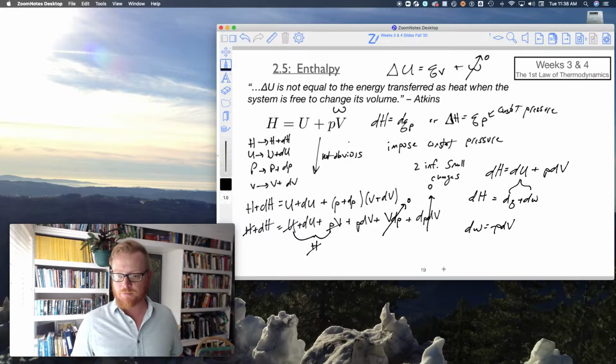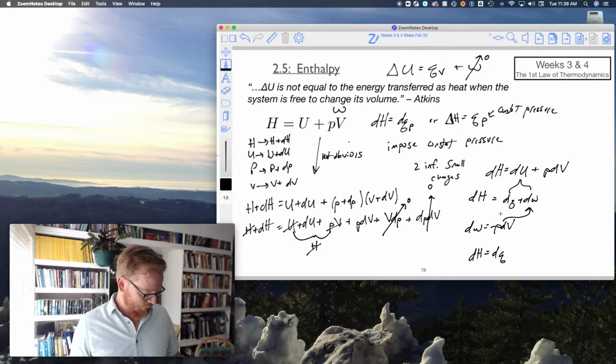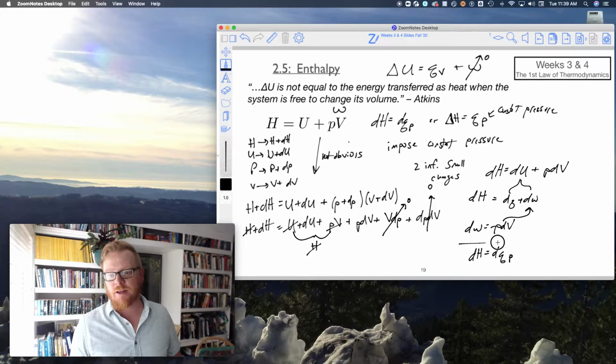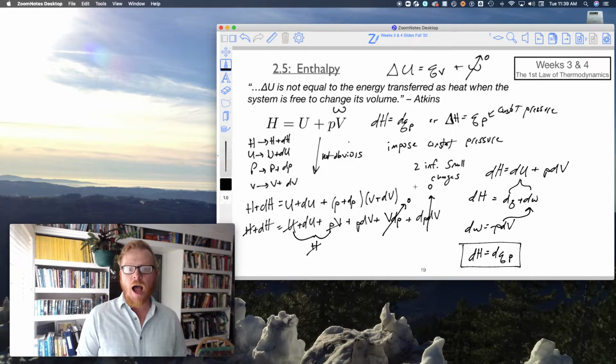The differential form, okay? So then now substituting all that, I can say dH equals dq, and then I recognize that dw here was negative PdV, but then I have a positive PdV, so that all cancels, and what I'm left with simply is dH equals dq, and of course I'll put a little p there to indicate that that was constant pressure. Okay, so not obvious that enthalpy will equal the constant pressure heat delivered, but we get that from doing this derivation.